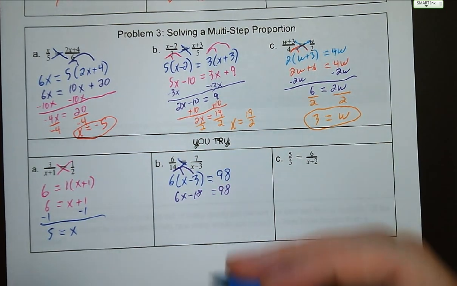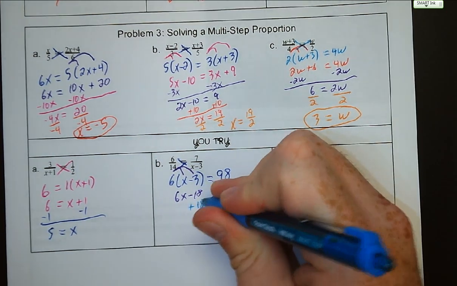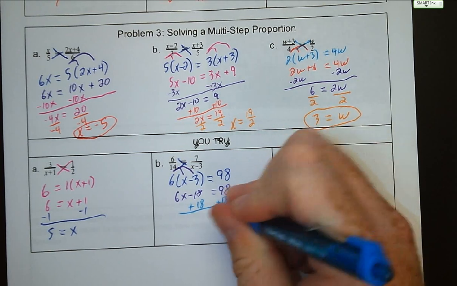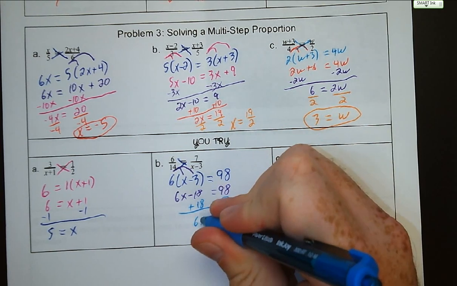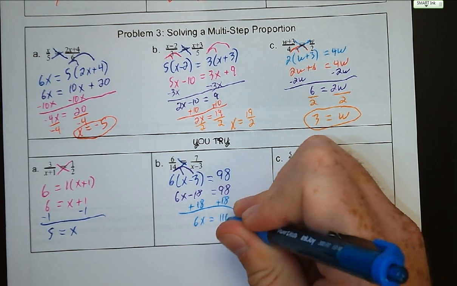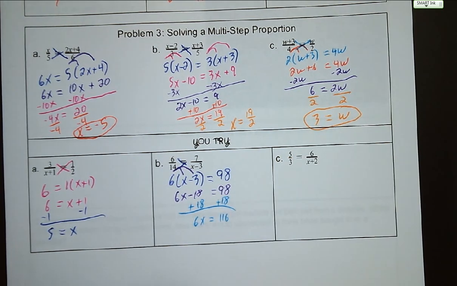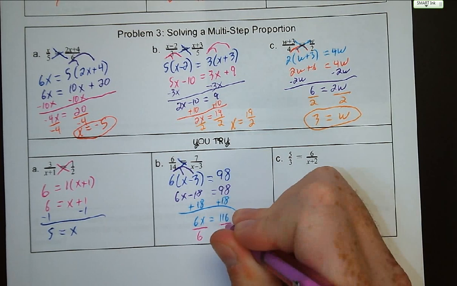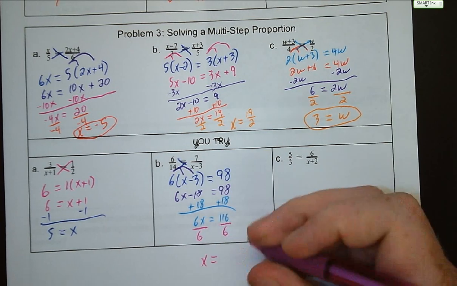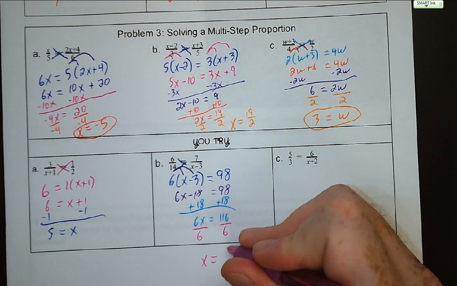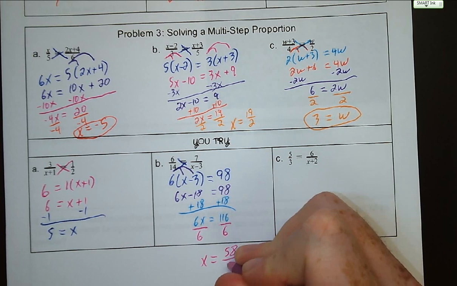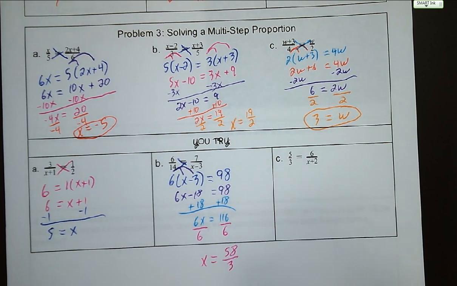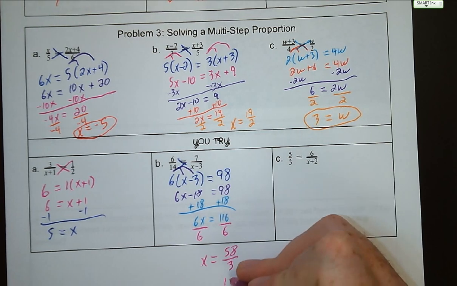We're going to add 18 to both sides. 6x is equal to 116. Divide both sides by 6, and x is equal to 58 thirds. Now, if you wrote that as a decimal, it could be 19.33 repeating.